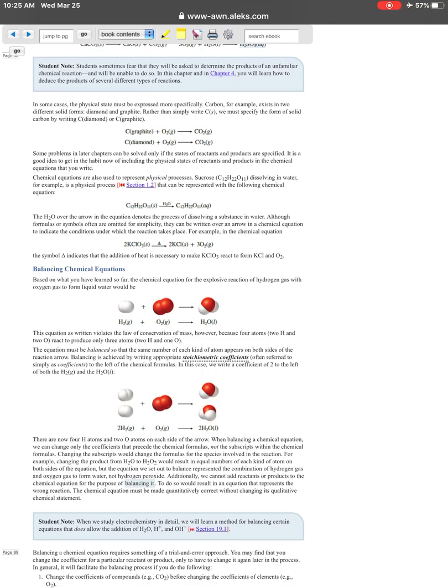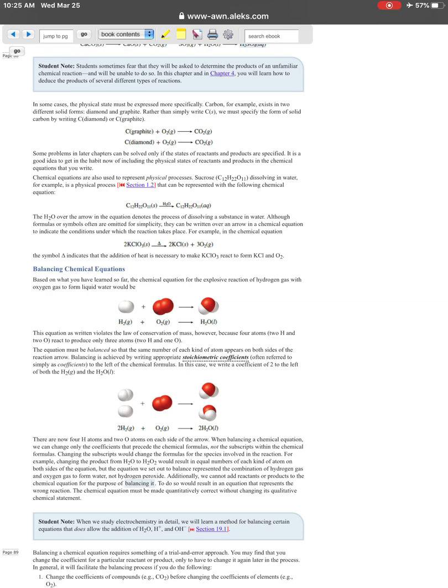Although formulas or symbols often are omitted for simplicity, they can be written over the arrow in a chemical equation to indicate the conditions under which the reaction takes place. For example, in a chemical reaction, 2KClO3(s), with a triangle over the arrow, yields 2KCl(s) plus 3O2(g).